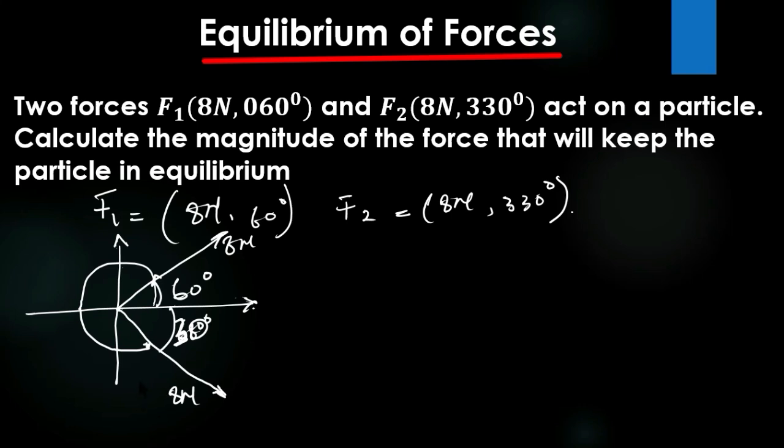Let's call this F1, and let's call this F2. If I'm resolving, I'll resolve into the y component and the x component. For F1, I'll come up with F1y, and also F1x.